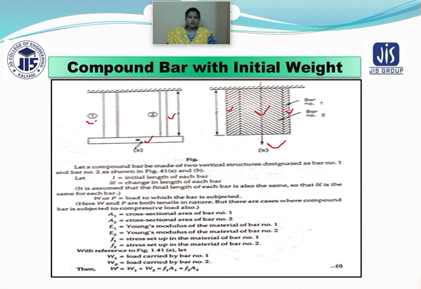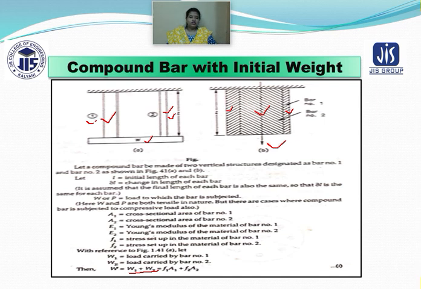Now this W, this weight, is what? Weight of bar 1 and weight of bar 2, that has been given. And what is the formula for weight? That is force into area. So you can see for these two figures, you just consider A1 as the area of the cross section of bar number 1, and A2 is the cross sectional area of bar number 2.